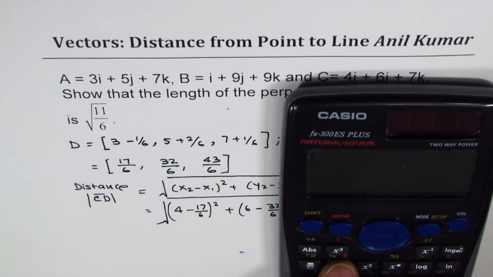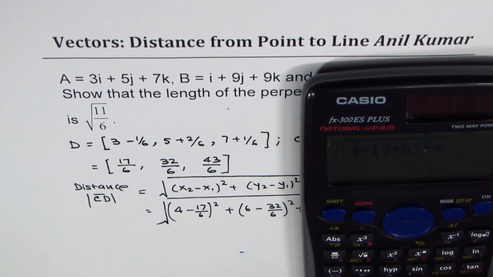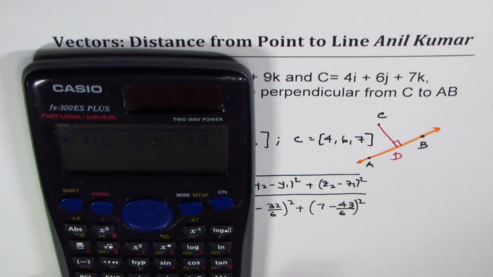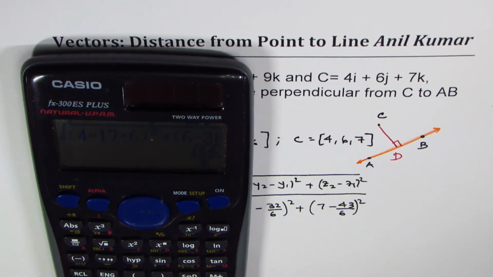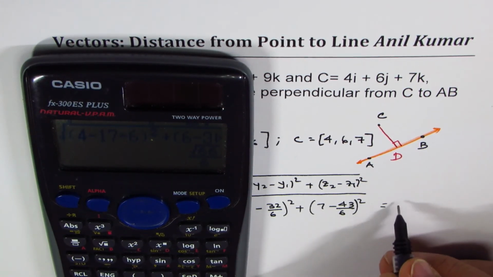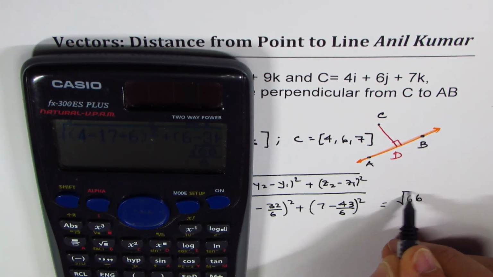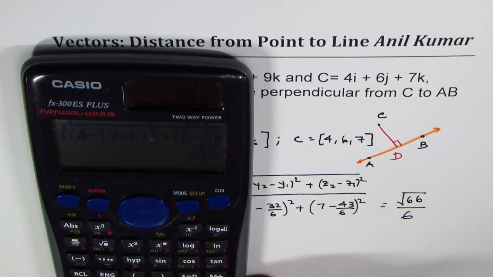So let's use the calculator to calculate the answer. It is square root within brackets 4 minus 17 over 6 whole square plus 6 minus 32 divided by 6 whole square plus within brackets 7 minus 43 divided by 6 whole square, and that gives us square root of 66 divided by 6.